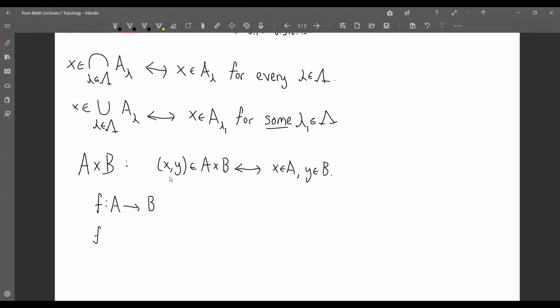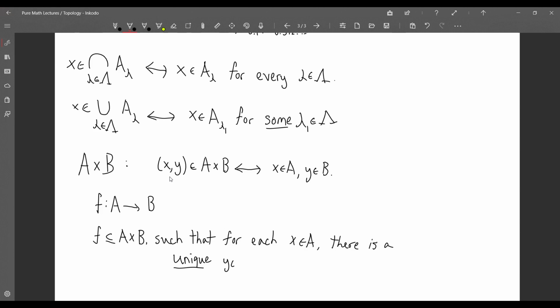A way you can define what a function actually is is saying that it is a subset of the Cartesian product such that for each x in A, there is a unique y in B such that the pair x and y is contained in F.